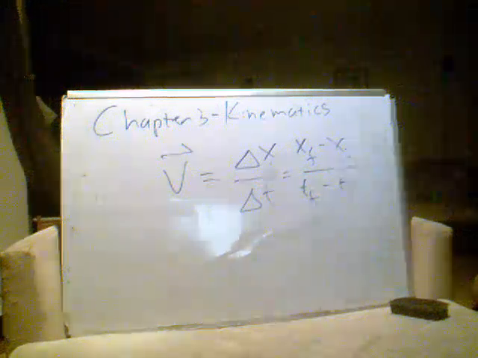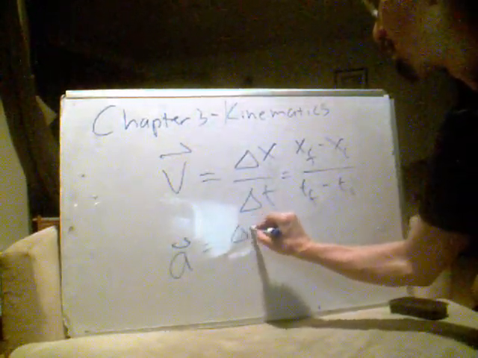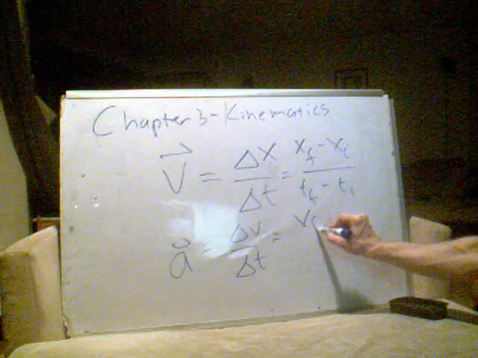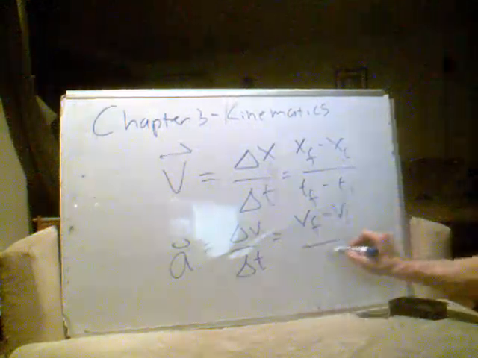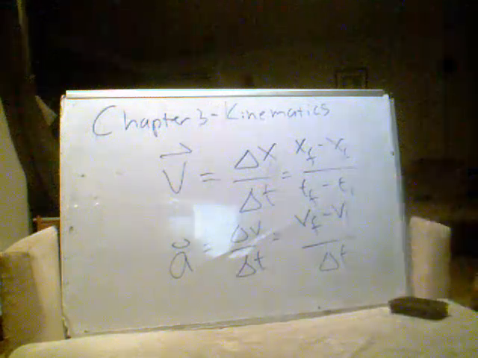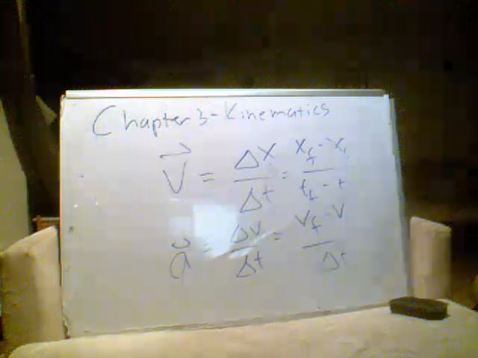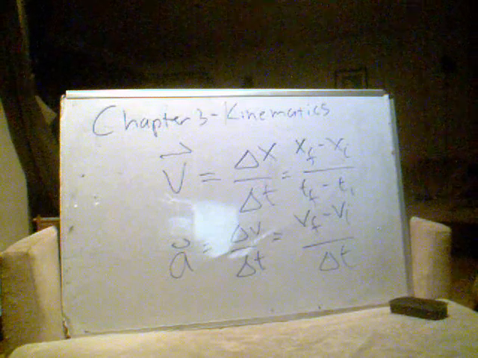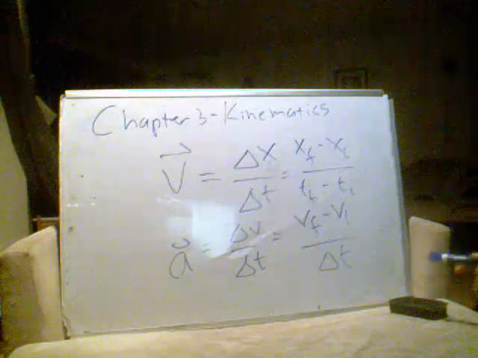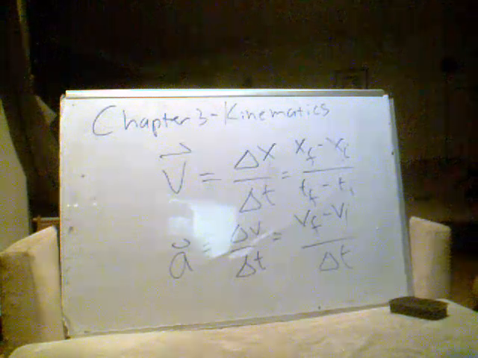Acceleration is a change in velocity. And so that's your final velocity minus your initial velocity divided by your change in time, final time minus initial time. You can accelerate something by changing either the magnitude or the direction of the velocity. Obviously, if you're changing just the direction, the number may not be very big, because you're not actually changing your speed.